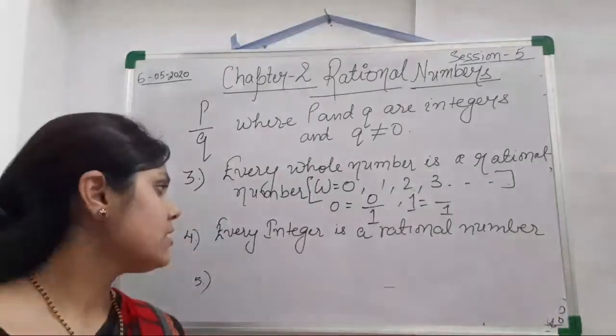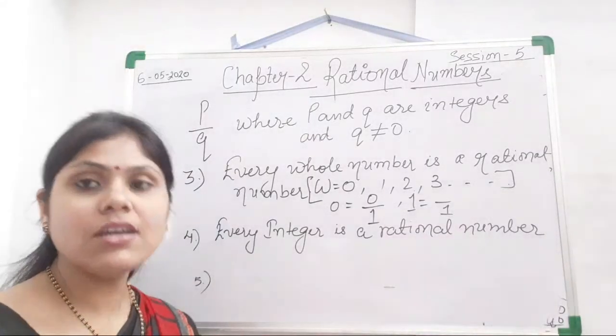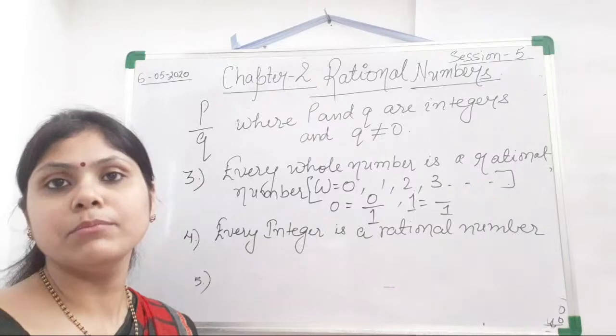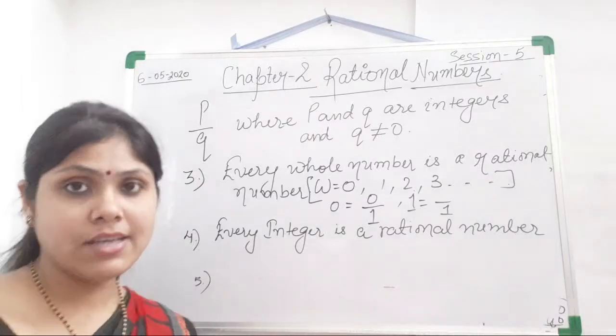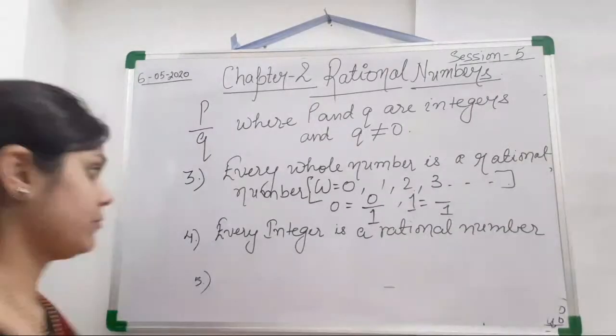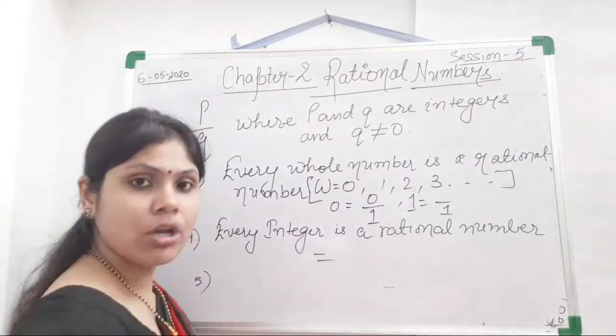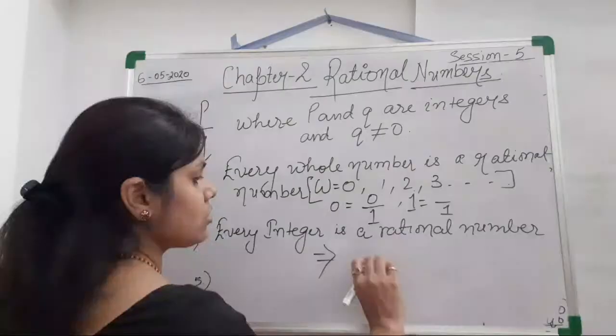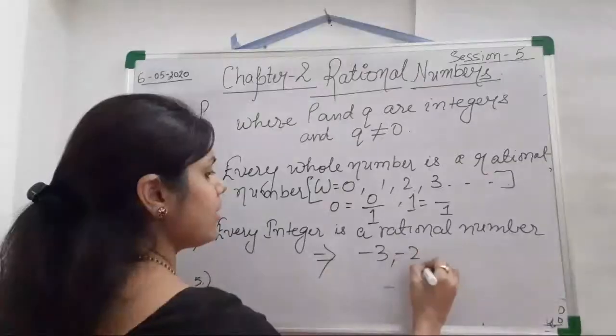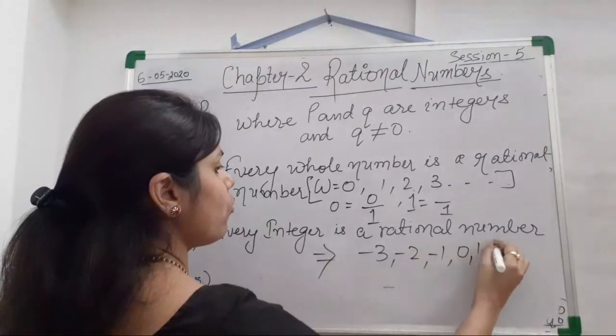Now the next: every integer is a rational number. Let us talk about integers. Integers means -3, -2, -1, 0, 1, 2, 3.